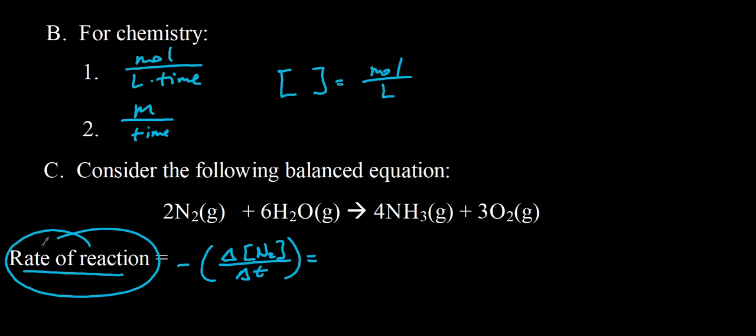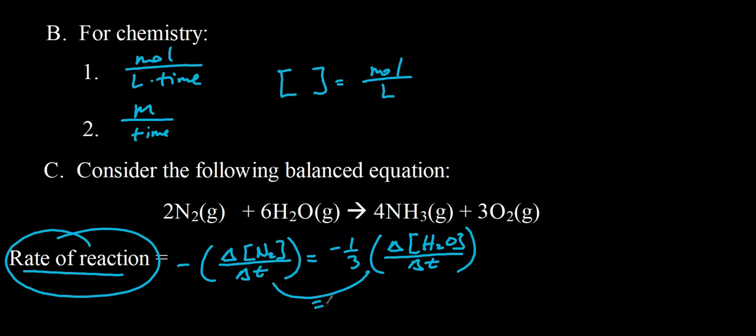With respect to the change in concentration of the water, we're going to take negative 1/3 of the change in concentration of water over change in time. Again, these two things here are equal because the water is being consumed 3 times faster than nitrogen. We'll take its change in concentration and divide it by 3, and that'll give us the rate of the reaction.